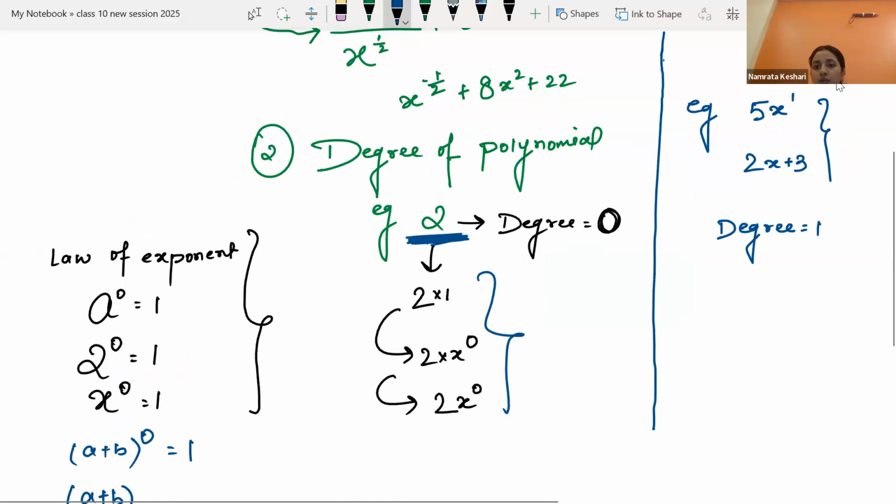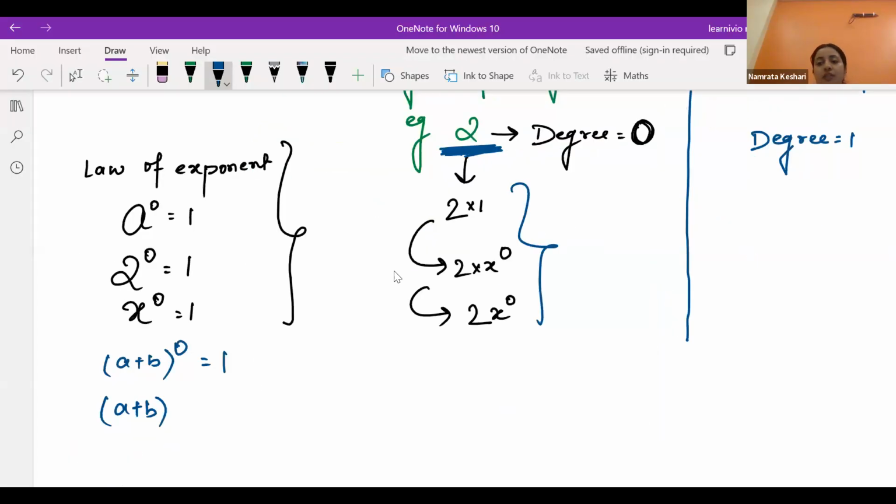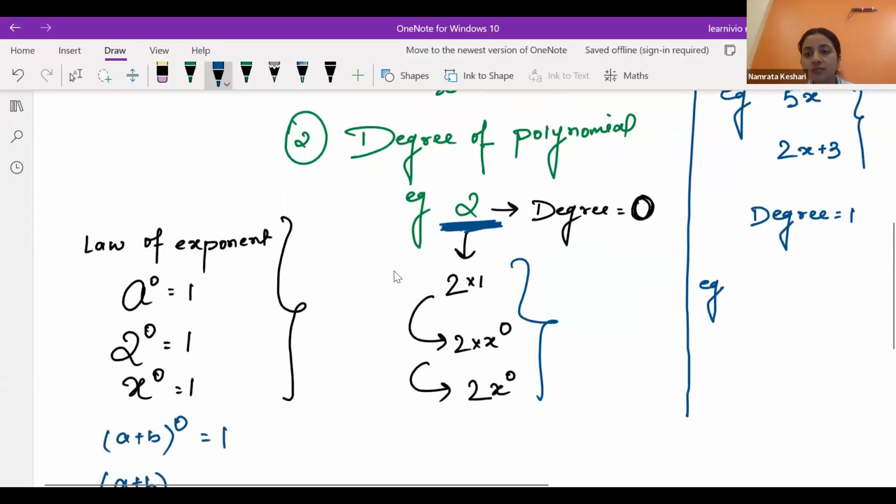Degree of the polynomial is 1 over here. A degree 2 polynomial will look different. On the basis of the degree of the polynomial, you also know the name of the polynomial. When the degree is 0, it's called a zero polynomial or constant polynomial. You know that, right?